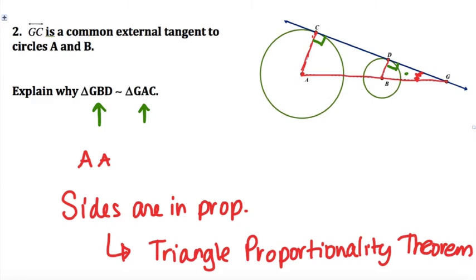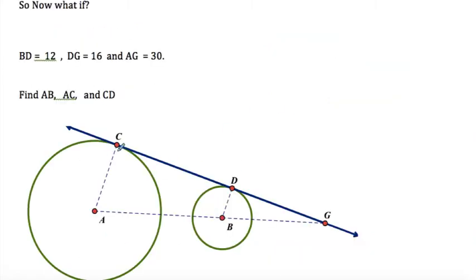This is where we're going to end up stopping today, trying one of these problems. Here I have, look, same picture, a common external tangent. So I connect my radiuses, and I draw a line through both radiuses, and I know that the triangles are similar. I'm going to put in my right angle just to help myself remember that. And then I can see that BD is 12. They told me this little segment here was 12.